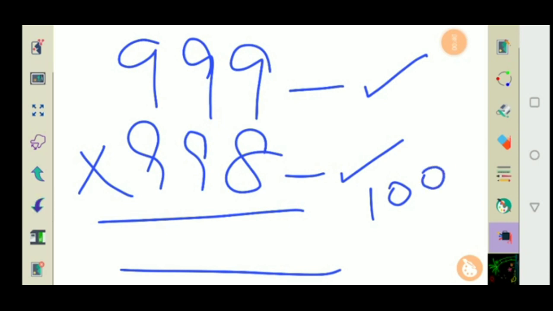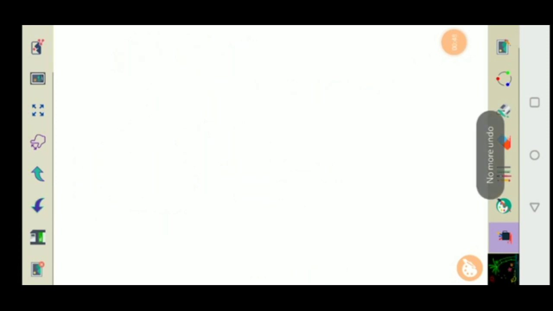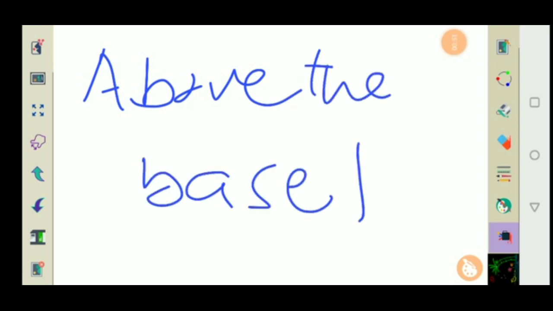But now our lesson for today is when the numbers are above the base. Now what is the meaning of above the base?